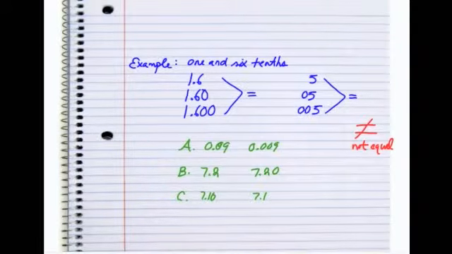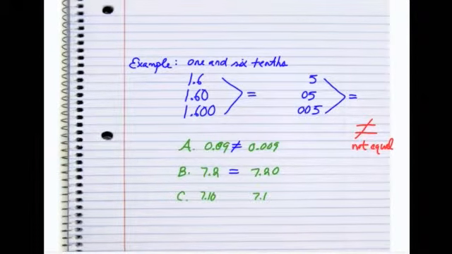Now, these numbers are either alike or equal or not equal. The example A can be read: 0.09 is 9/100ths. The second number in this system is 0.009, which is 9/1000ths. So these values are not equal. In example B, 7.2 is 7 and 2/10, and 7.20 is also 7 and 2/10.